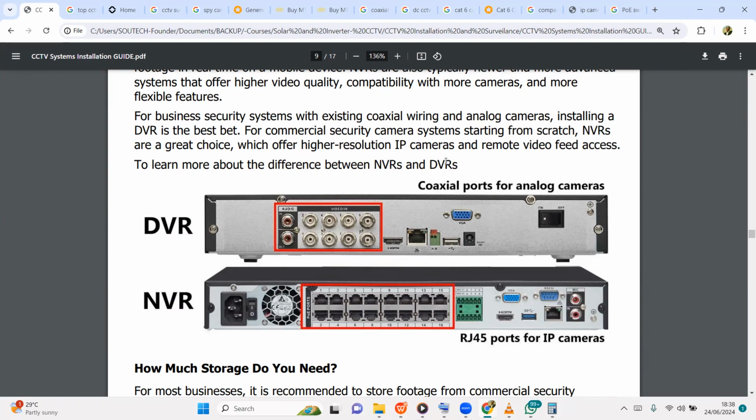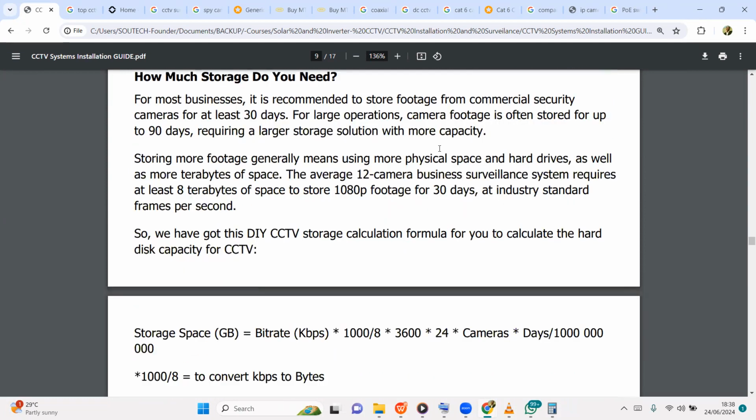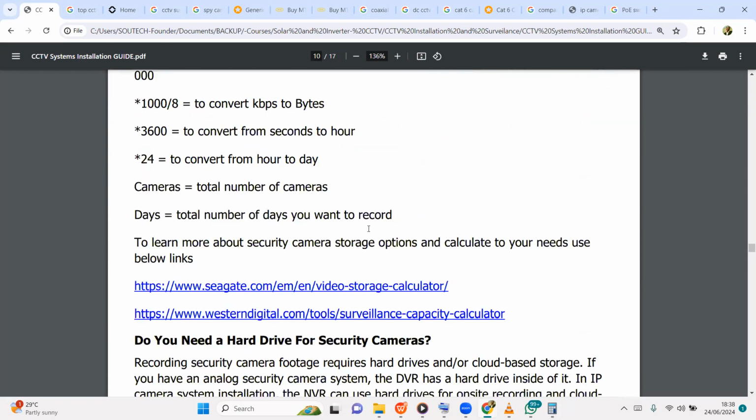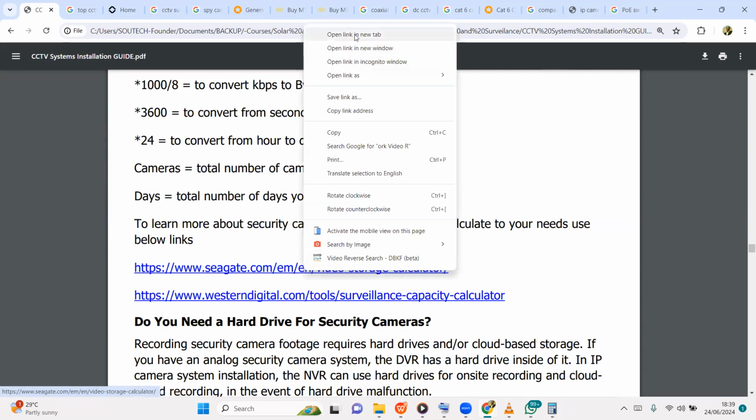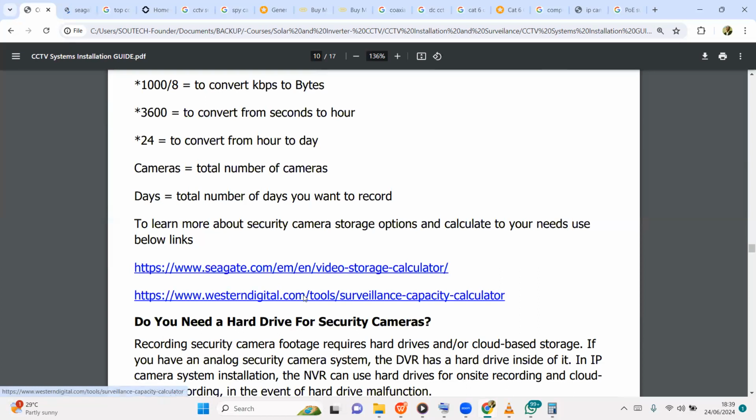You can actually do the calculation to know how much space you are going to be needing. So this is what the formula looks like. But there are several online calculators you can use. You can use this one, it's available in the manual, or any of them.